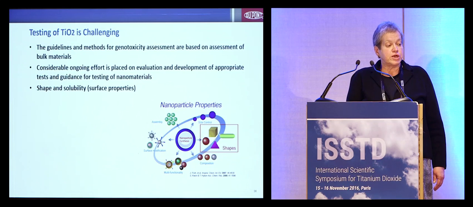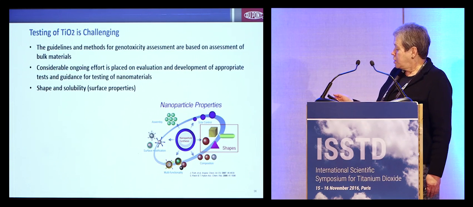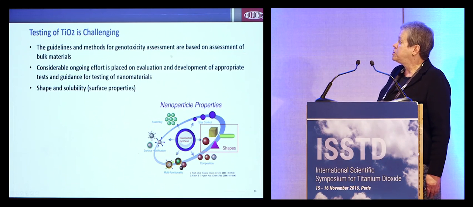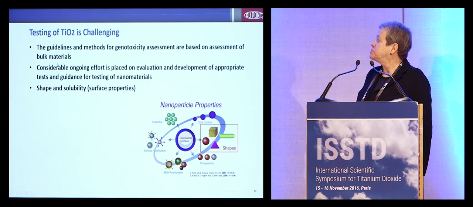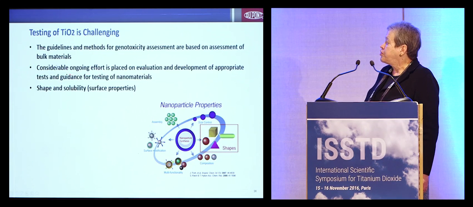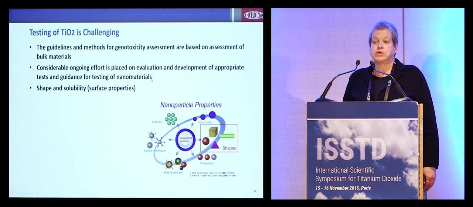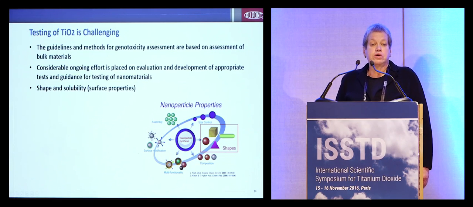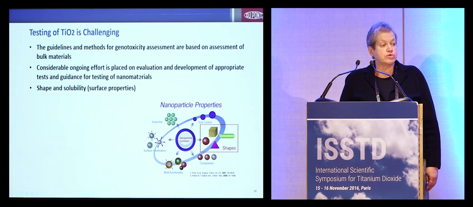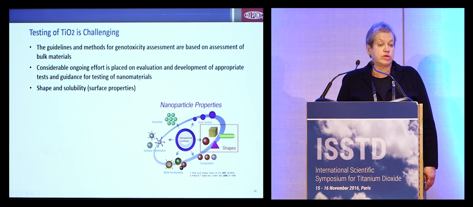Testing of TiO2 is challenging. The test guidelines and the methods for genotoxicity assessment are based on assessment of bulk materials. There is a lot of effort ongoing to evaluate and develop the appropriate tests and guidance for tests of nanomaterials. There are even people from agencies who do consider the test systems we have today to be inadequate for testing of nanomaterials, and we would need new test systems.